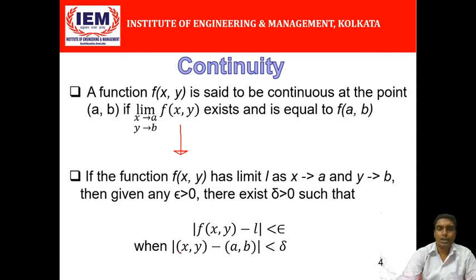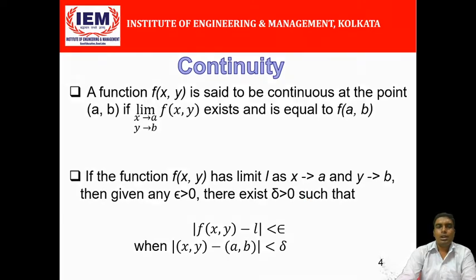So here we are considering the point a and b. That is the only difference between the limit and continuity. In the limit, it need not be equal to f of a, b. It might be some other value. For the continuity, this limit should be exactly equal to f of a, b.